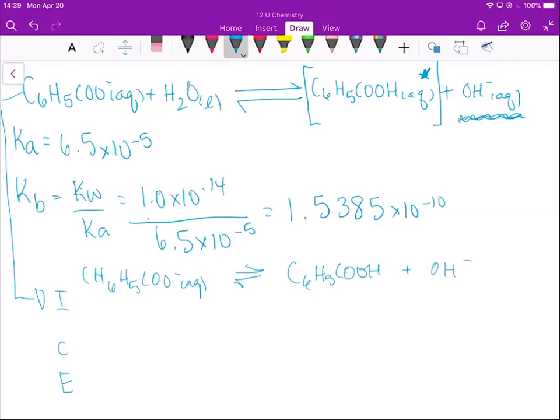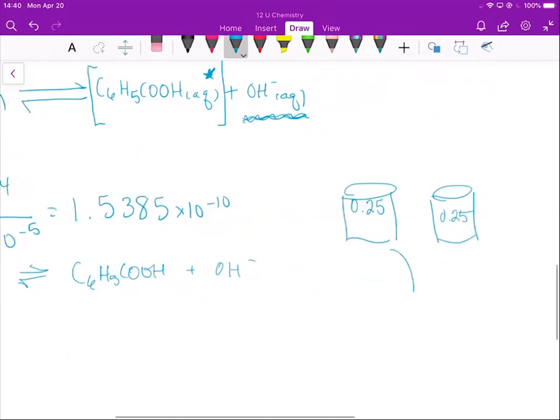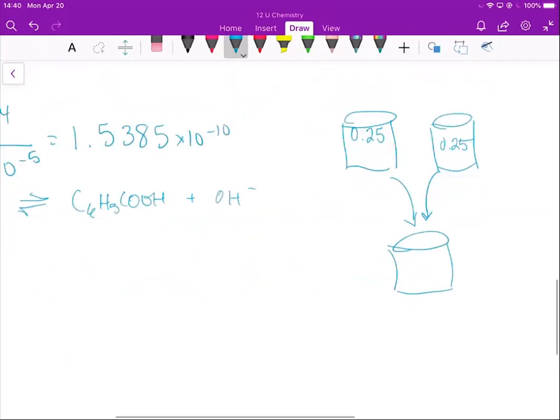Because they're going to be added in equal proportion, because they have the same molarity, when you add them together, it's going to be the same volume from each of them, volume 1 plus volume 2, which means in here it's going to be twice the amount of volume, but the same amount of molarity. So what happens is that the concentration halves.